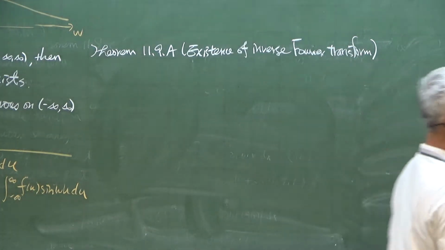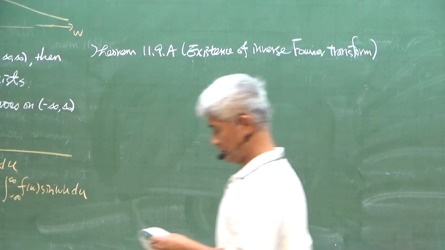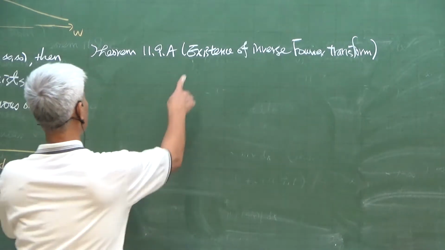Because to have the Fourier transform is not a big deal, right? It's very easy to know that you will have a Fourier transform if f is absolutely integrable. But to have the inverse transform, it's very difficult. But we already have a good result from the Fourier integral theorem.